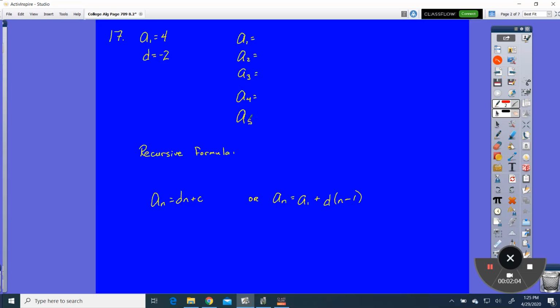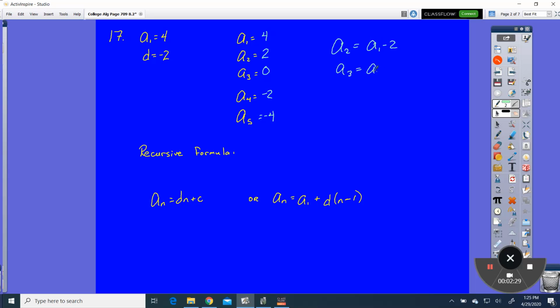The next question, 17, same thing. My first term is 4, but now it says find the next 5 terms. So 4, and the difference means we're going down by negative 2 each time. So down 2 from that, down 2, and down 2 more. So recursively, A2 is 2 less than A1.